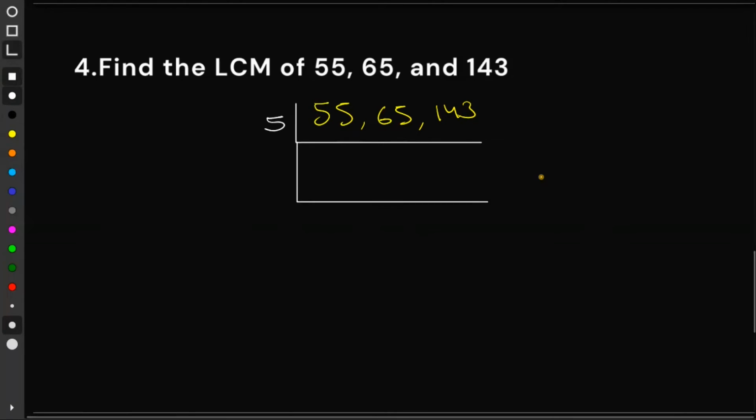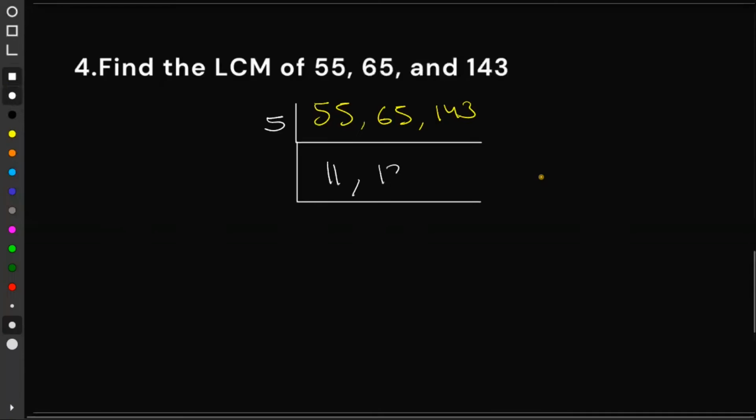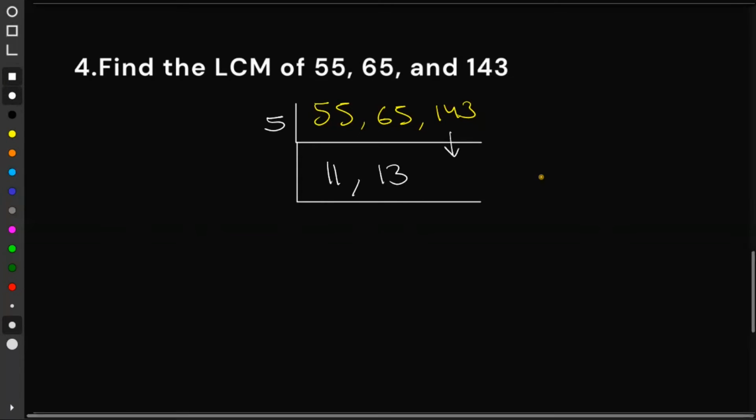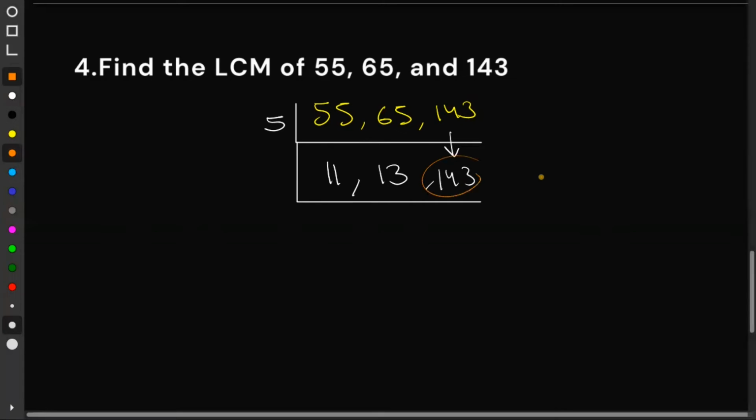And this would give us 11, 13. For this one, we just bring it down since it doesn't have a factor of 5: 143. Now for this next one, what else can we factor? Take note that 143 is actually divisible by 11.